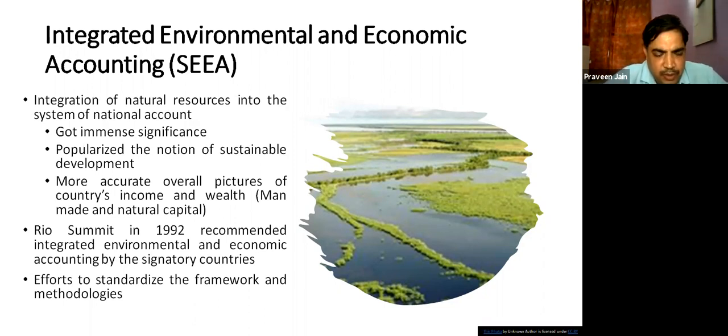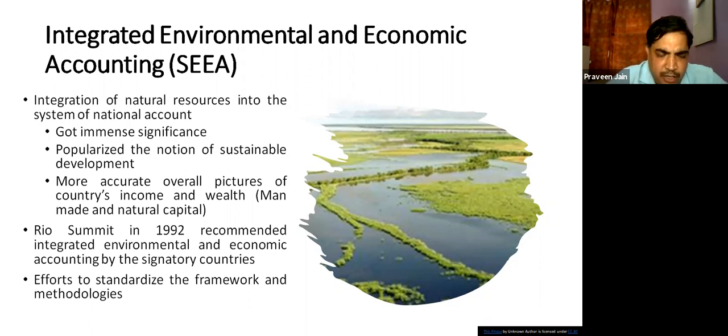There were various initiatives after the realization that we need to care for our environment and natural resources. Immense significance was given to the integration of natural resources into the system of national accounts.